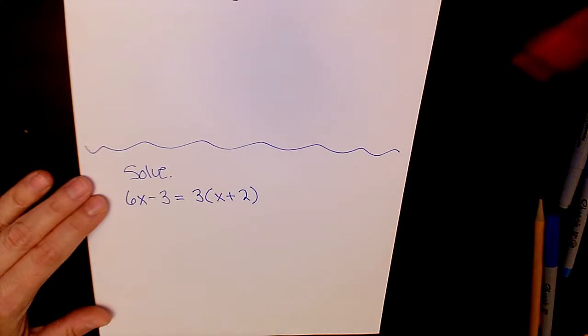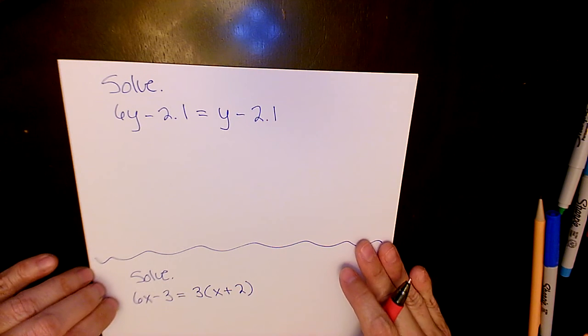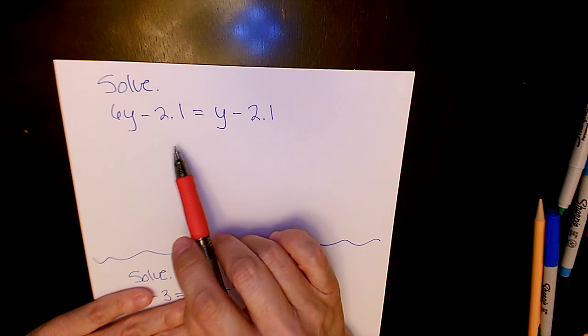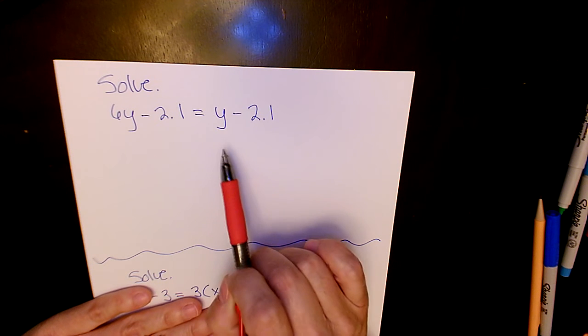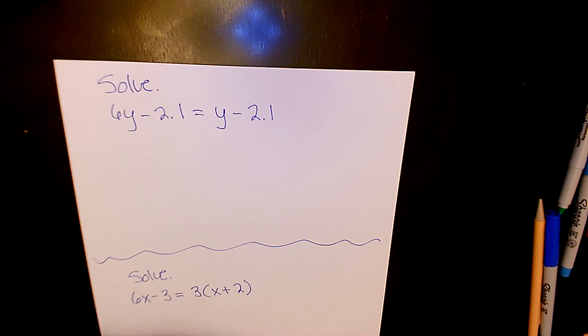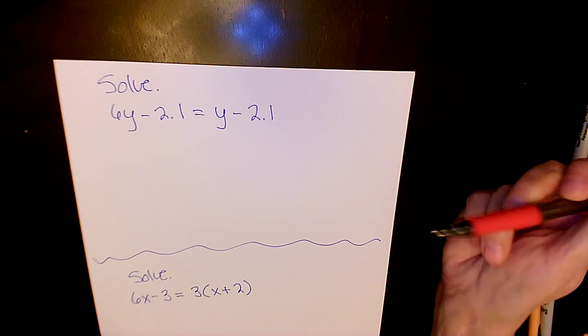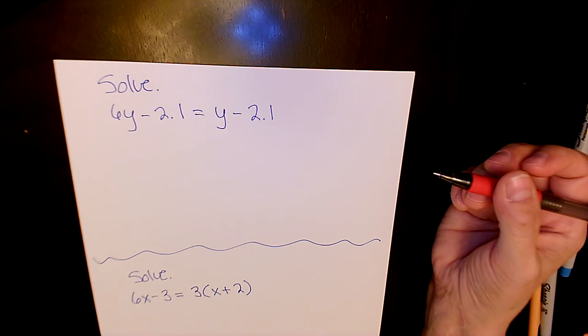The next problem is 6y minus 2.1 equals y minus 2.1. So I'm bringing some decimals into this. Remember our steps, which we went over in a previous video.